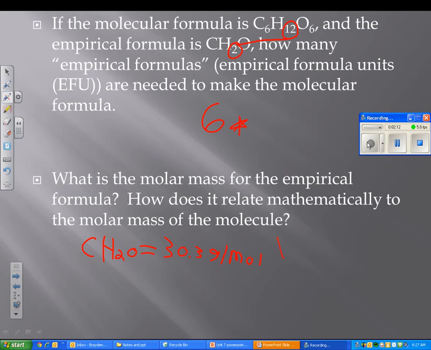So we take 30.03, we multiply it by those 6, and that's going to give us 180.18, which will be the molar mass for the entire molecule, C6H12O6. So I hope you are seeing the mathematical relationship between the empirical and molecular formula, because you're going to be using that a lot very soon.